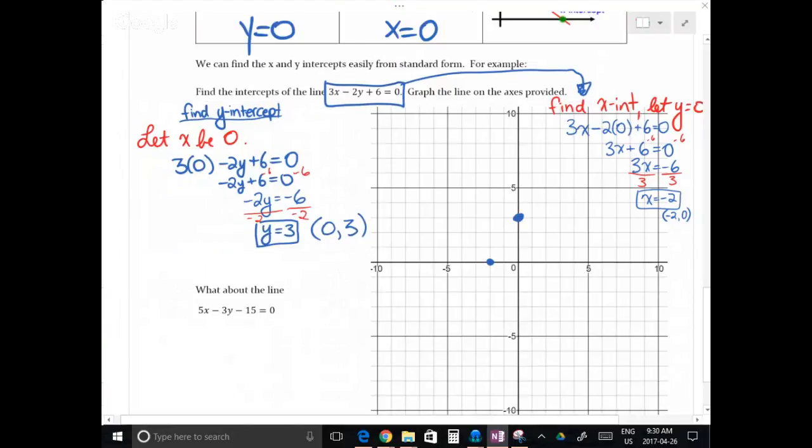And now that I have these 2 points, what can I do? Yeah, I could absolutely find the slope. Even easier, I can just connect them.